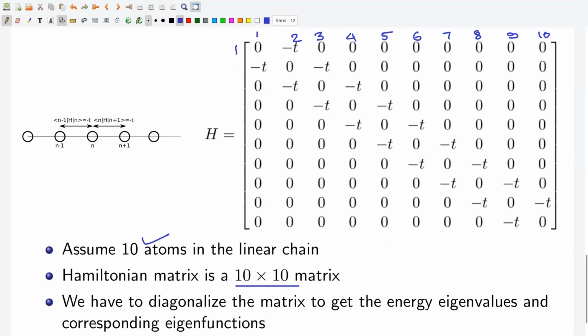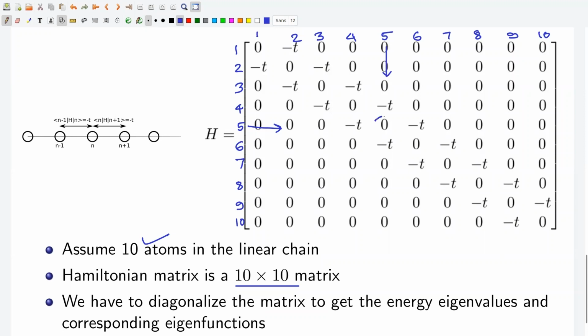And this is row 1, 2, 3, 4, 5, 6, 7, 8, 9, 10. Select some atom, say the fifth atom. This is the row corresponding to the fifth atom, and this is the column corresponding to the fifth atom.